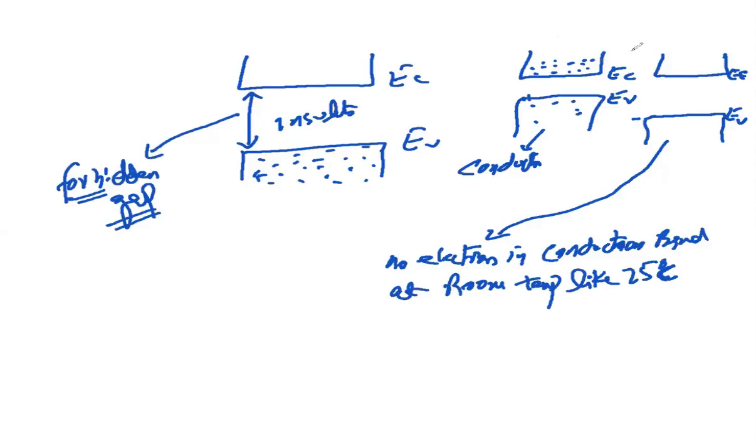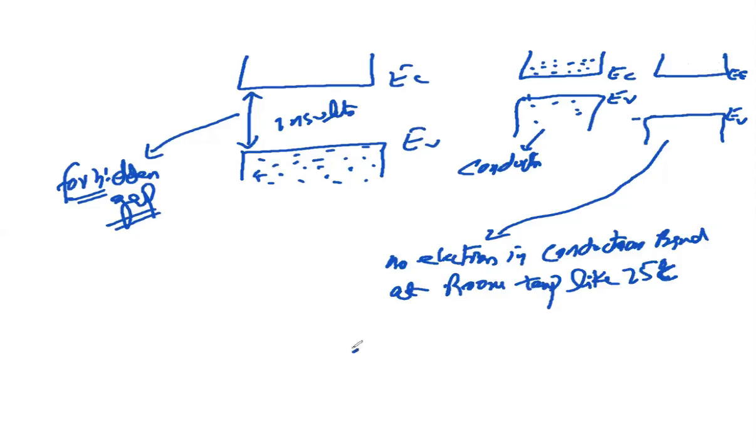But if you connect a semiconductor across the voltage supply and the room temperature is normal, like 25 degrees C, then it will act as a resistor, because no electron is present in the conduction band.